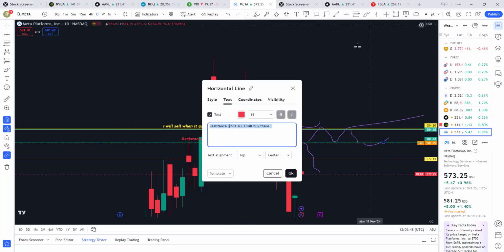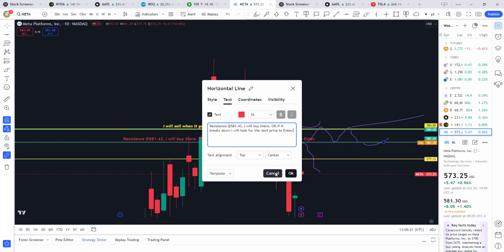You can always add the note again from there. You just add a note, or you just put, if it breaks down, I will look for the next price to enter.